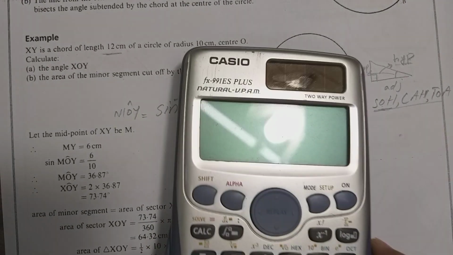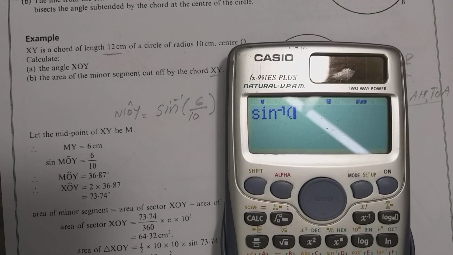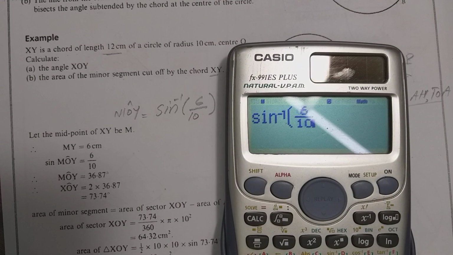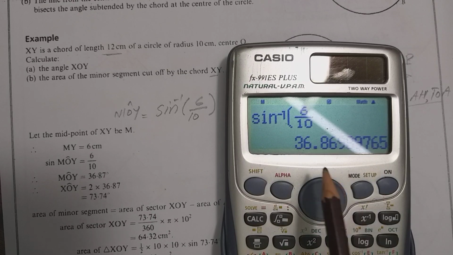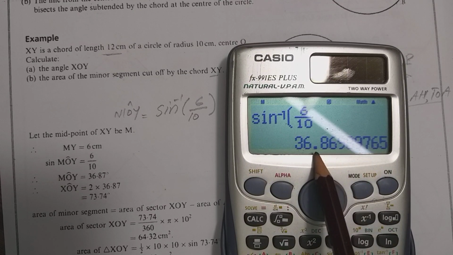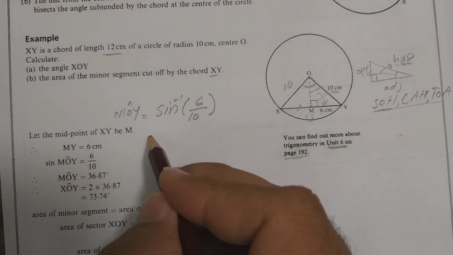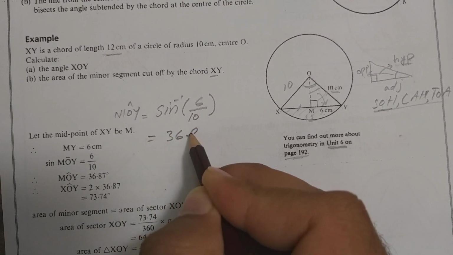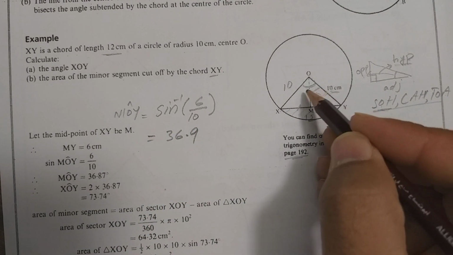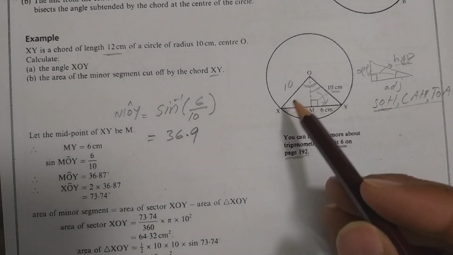Just use the shift button, shift sine 6 out of 10, press equal, and you find the answer 36.86989. I'm taking only one decimal place, so 36.9. So the angle 36.9 is only this angle, but I need the complete angle because in the question he said find the angle XOY.